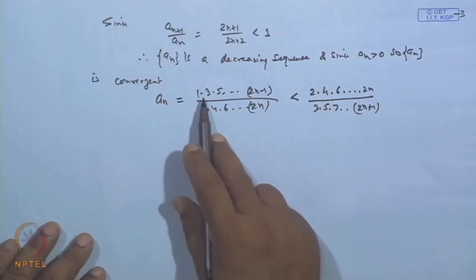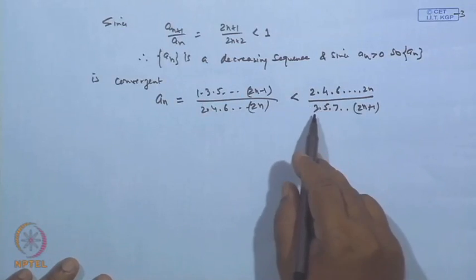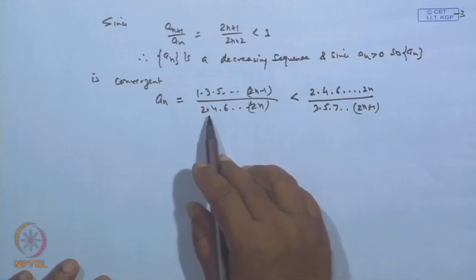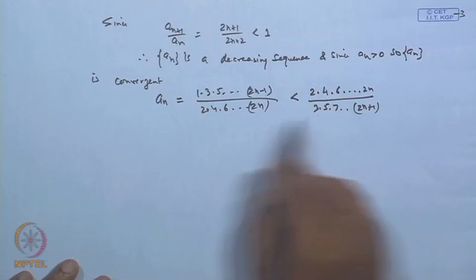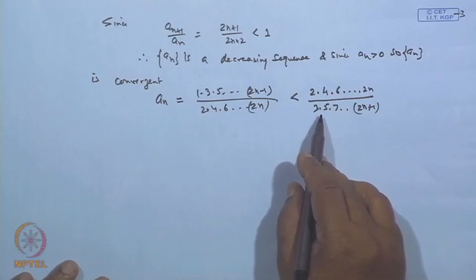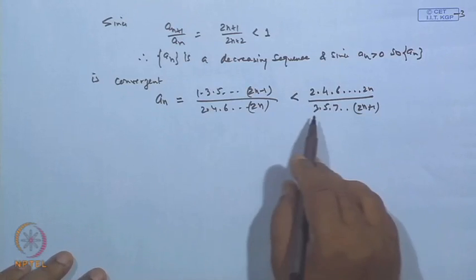Because 1 by 2 is less than 2 by 3, you can say like that, and 3 by 4 is less than 4 by 5, and like that.